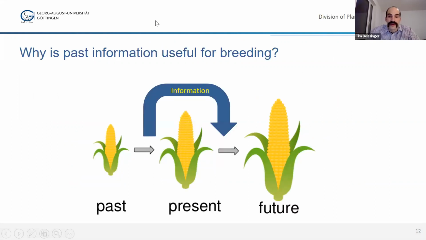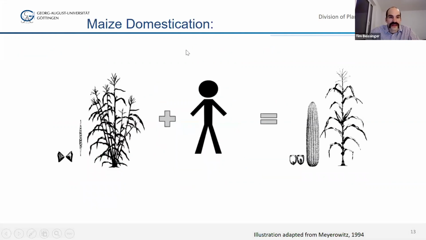To do that, I want to start off by telling a little bit about the story of maize domestication. So humans domesticated maize from this wild plant called teosinte about 8,000 or about 10,000 years ago, give or take a few thousand. And so teosinte is a grassy wild weed that grows in central Mexico.